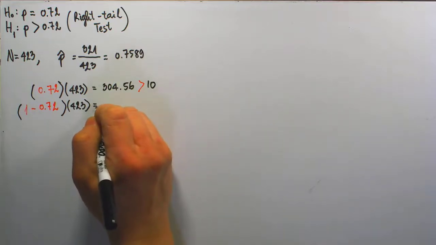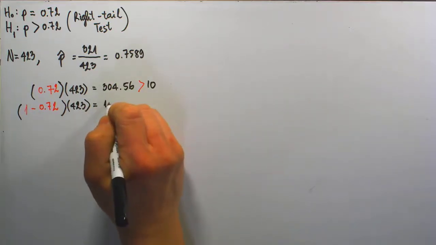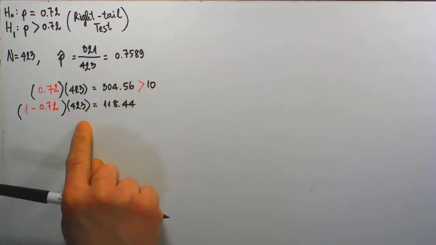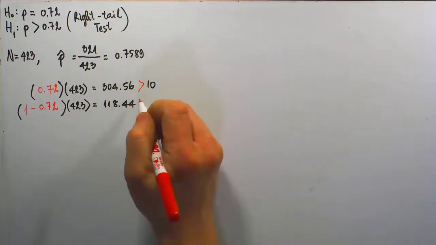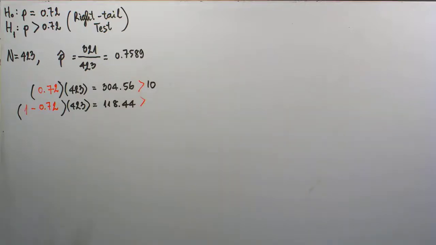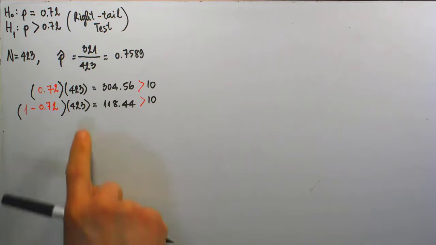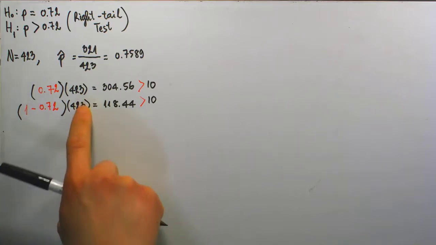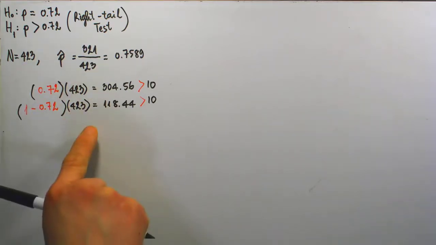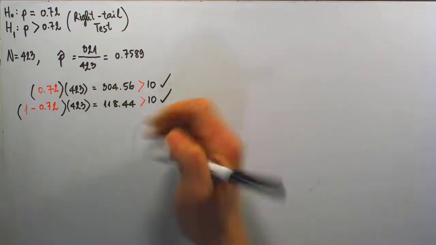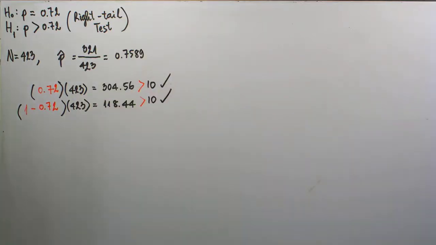Calculation gave me 118.44 for this product, which is a number well above 10. So now I realize that our sample at this sample size has passed the two requirements in order to move on to the rest of the testing steps.